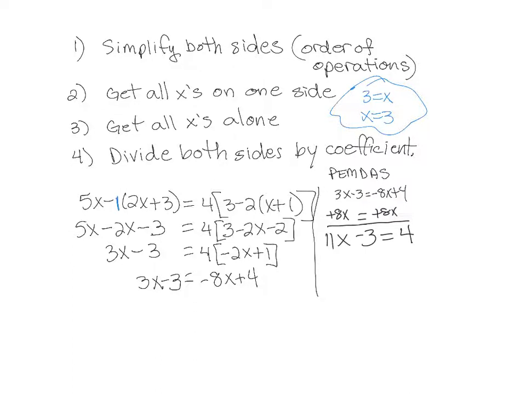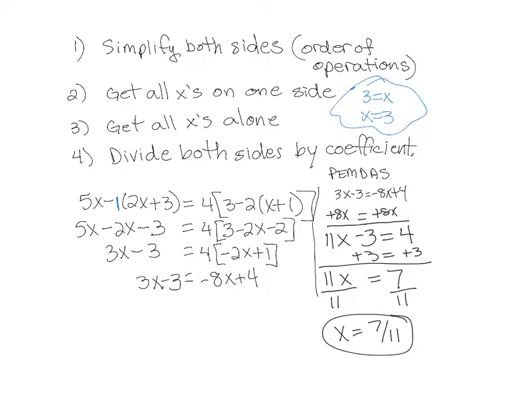Now we want to add 3 to both sides. Notice the equal sign's in the middle. We have an 11x equals 7. And now the last thing to do is to get rid of that coefficient. The opposite of multiplying is dividing. And I end up with 7 over 11.